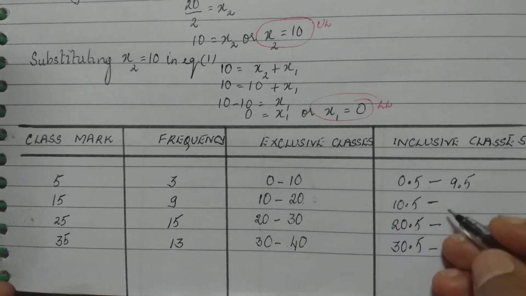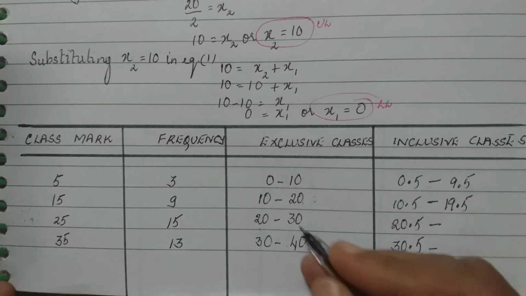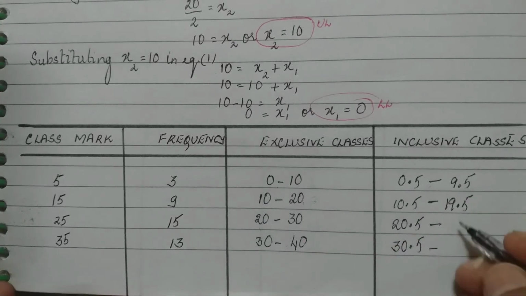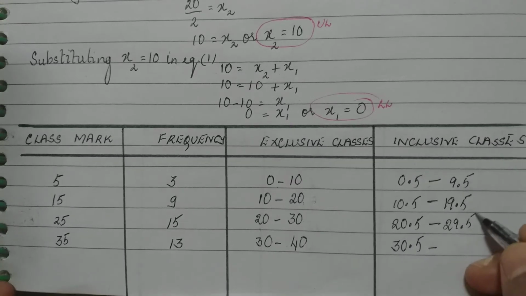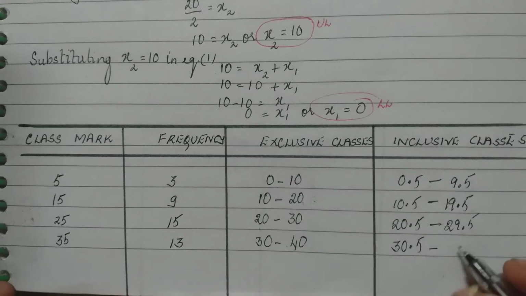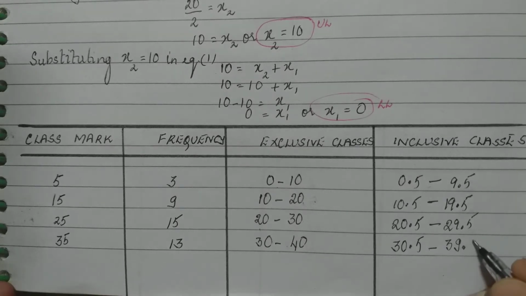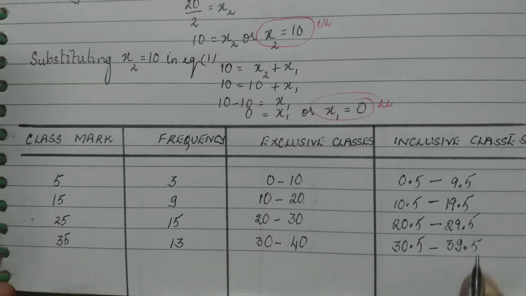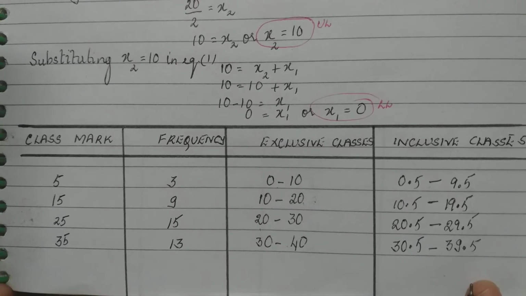Same thing, 20 minus 0.5 will be 19.5, 30 minus 0.5 will be 29.5, and 40 minus 0.5 will be 39.5. So this is how we complete question 7 to make the exclusive and inclusive classes.